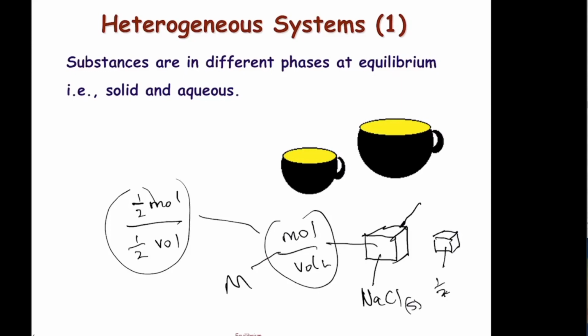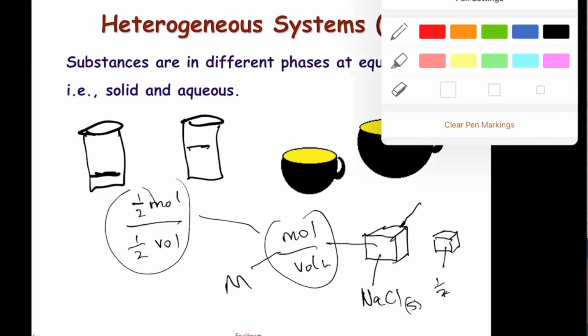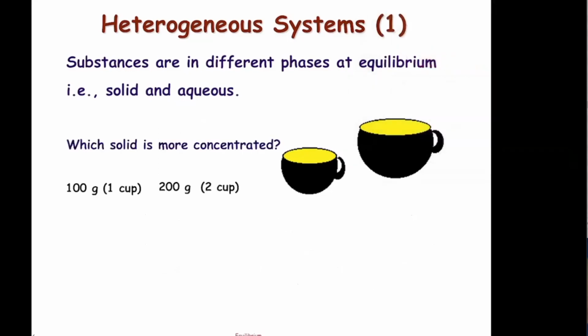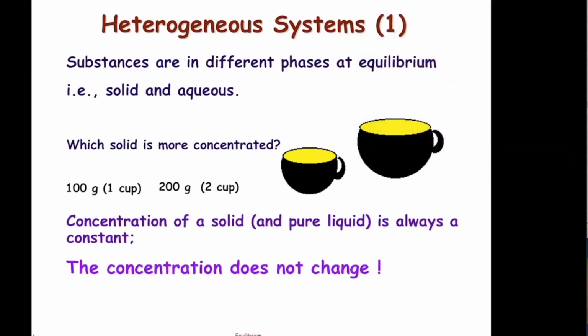Solid, concentration is constant. If you have a liquid, let's say I have a glass of water here, and now I have 1/2 a glass of water, well, you got 1/2 a mole, that volume is also 1/2, so the concentration of a liquid is also constant. The reason why that's important is because when you write the mass action expression, you can only write chemicals in which concentration changes.